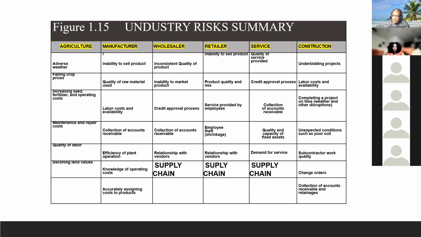In some cases, they may have no control. In other cases, they may have. But the pandemic has shown us that this is, in fact, one of the key risks for businesses, regardless, really, of the industry that you're in. Any questions regarding figure 1.14 and or figure 1.15?